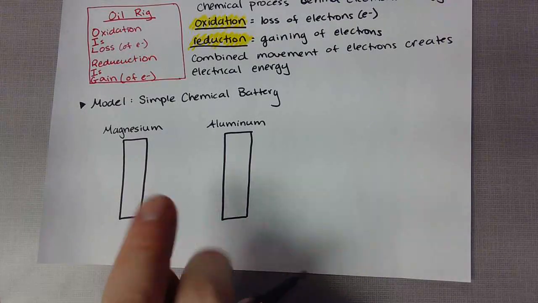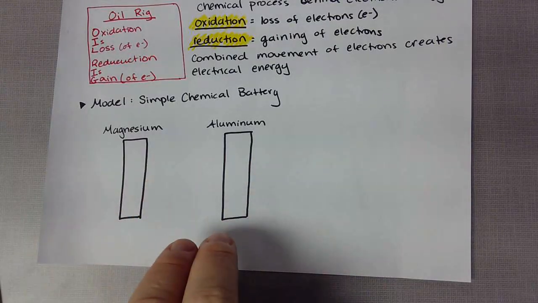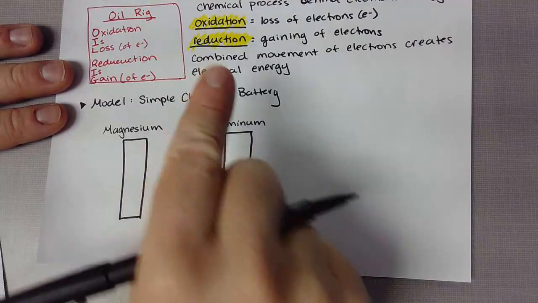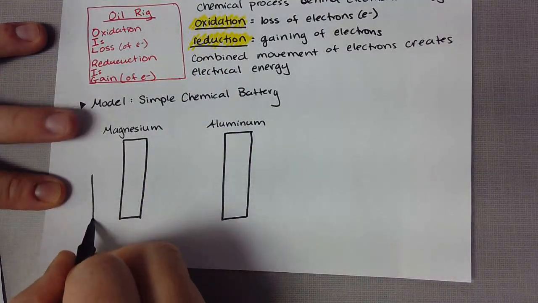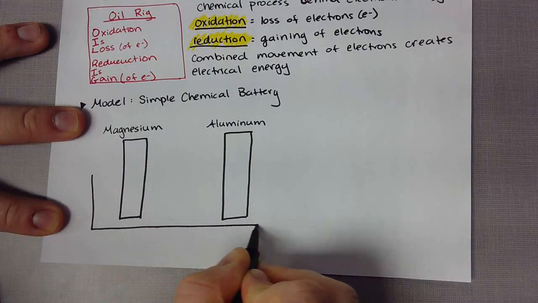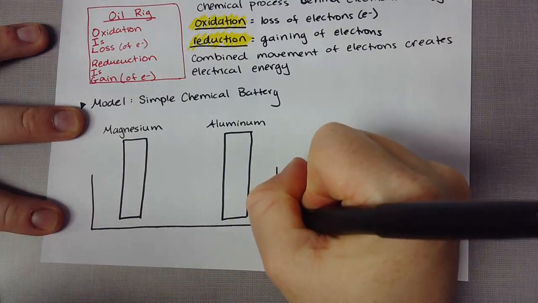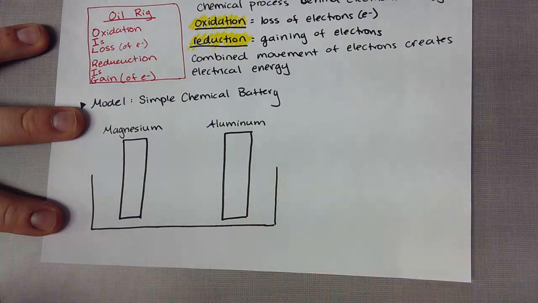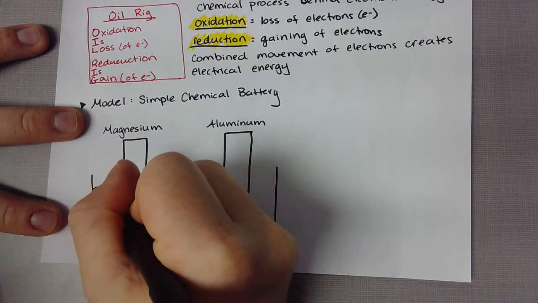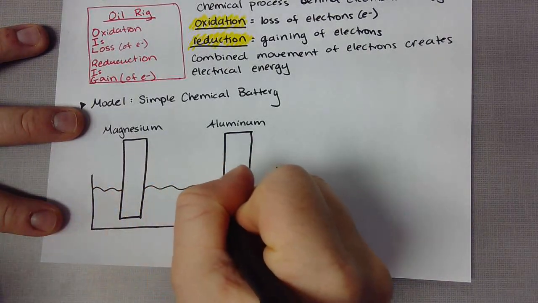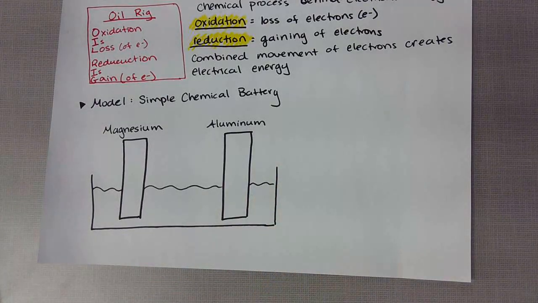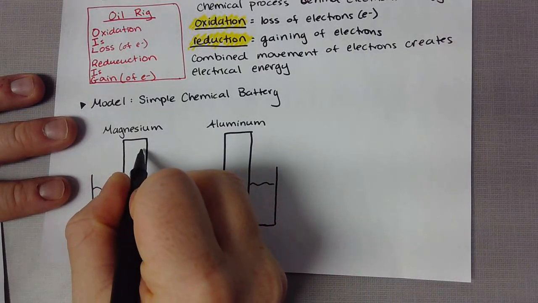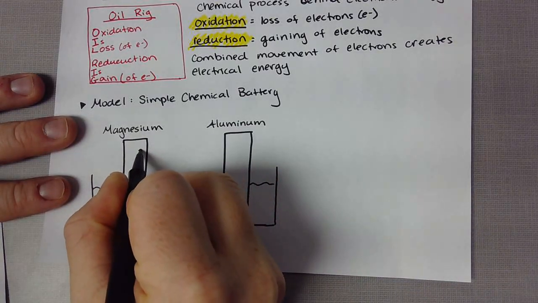They have different metals combining that will eventually form this redox reaction. And those metals are going to be in a solution. So I'm going to draw them in a solution or a beaker. Use wiggly lines to represent that liquid. And then these metals are also going to be connected by a wire.